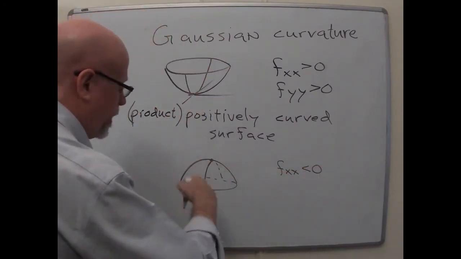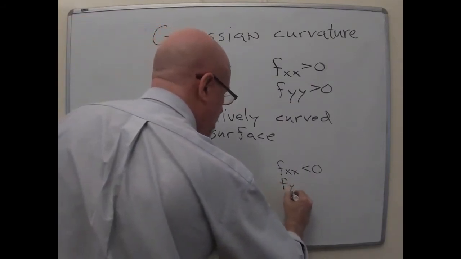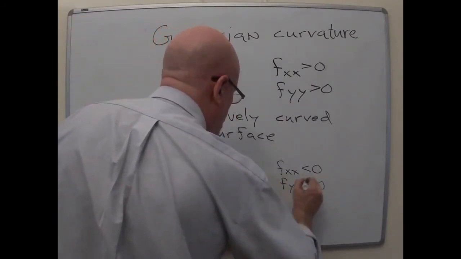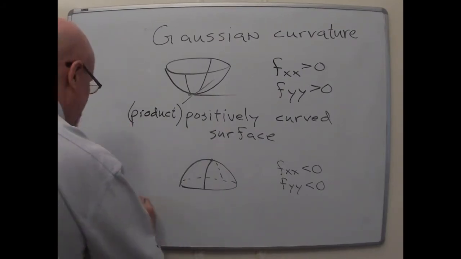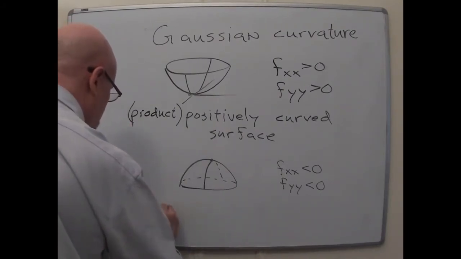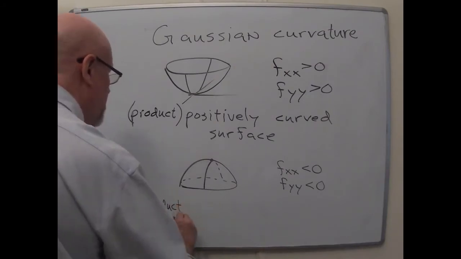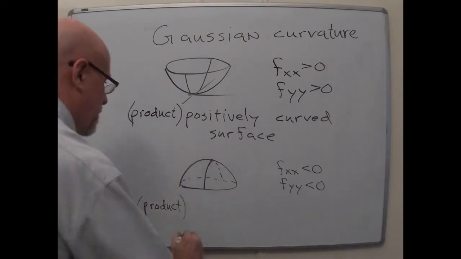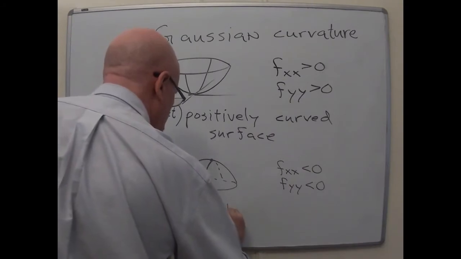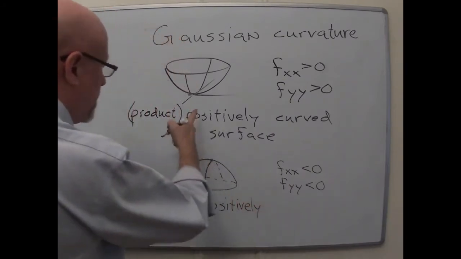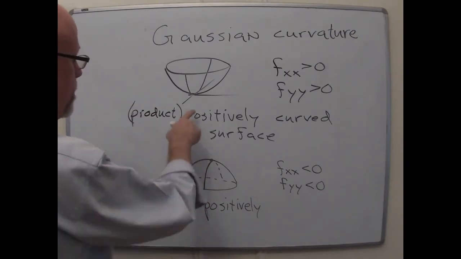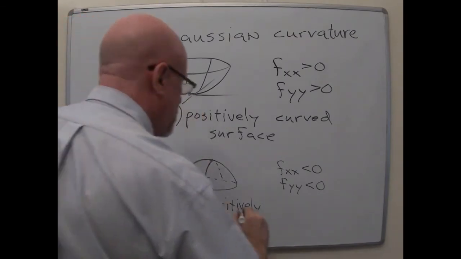And in the y direction, also negative. But the product of a negative and a negative is positive again. So this is also a positively curved surface, even though it's exactly in the opposite direction of the first one. This guy would have a max at the top. This one would have a min at the bottom.